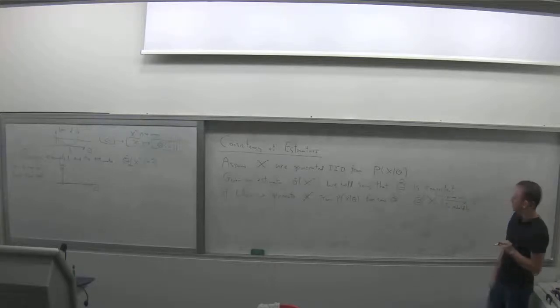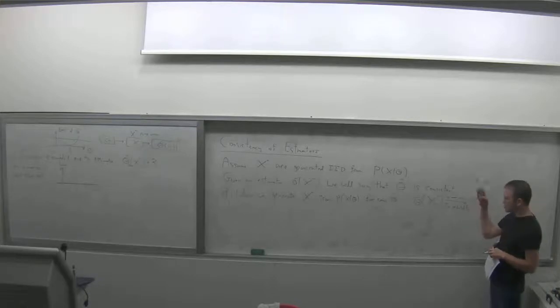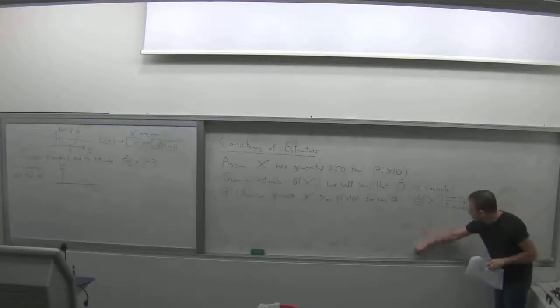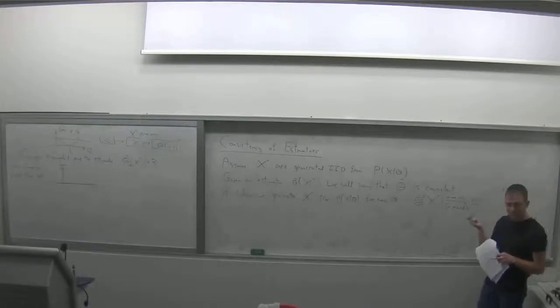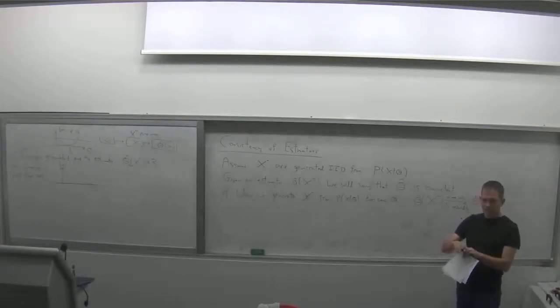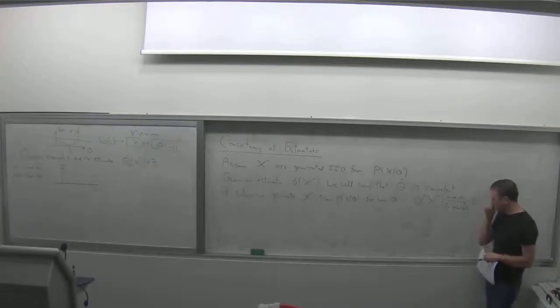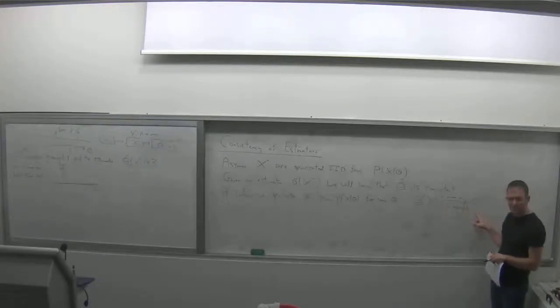There are different notions of convergence, but we'll stick to this one, convergence in the sense of the law of large numbers. What do we mean when we say probability? That the probability that this will deviate from this by more than epsilon is arbitrarily low.